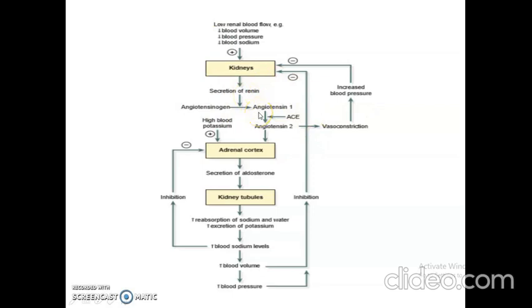Once the angiotensin 1 is formed, this is converted into angiotensin 2 by the enzyme called ACE, that is angiotensin converting enzyme. This is the more active molecule, that is angiotensin 2.